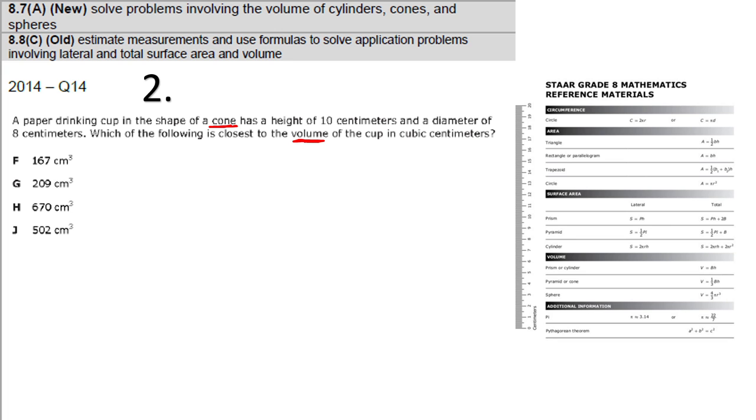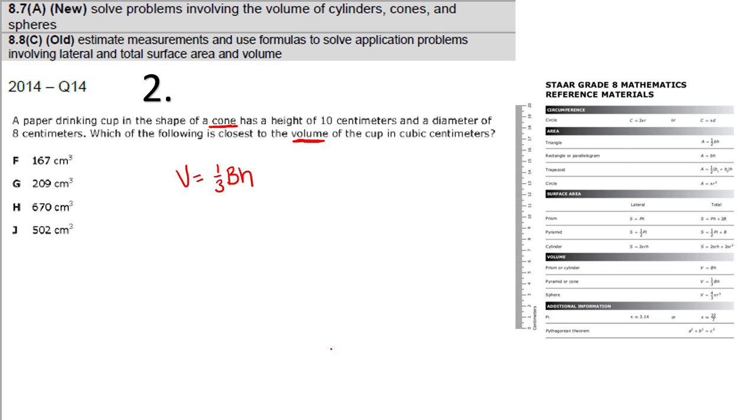For cone, volume is right here on the math chart. So you got to go to volume, go over to cone, and that means we're using the formula: volume is 1/3 your base times your height.